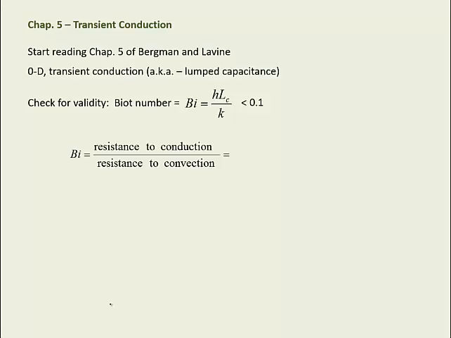Just to think a little bit about where the Biot number comes from and why it's used as the criteria. We want to think of these objects going through transient change, and these are my two spheres.